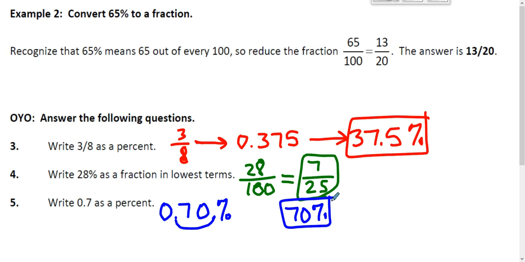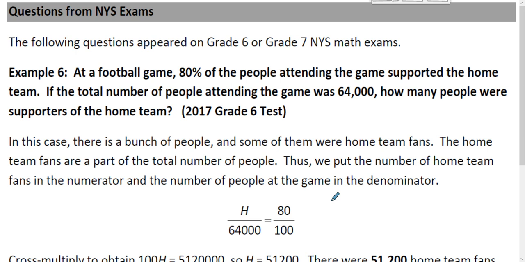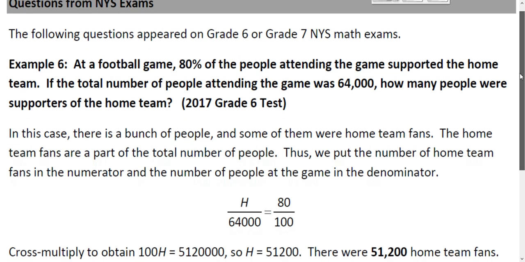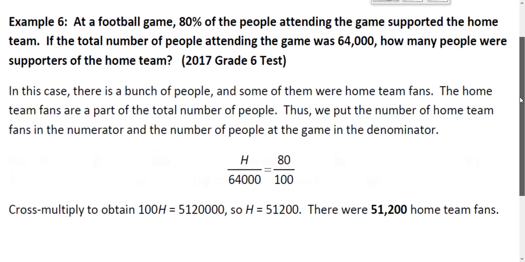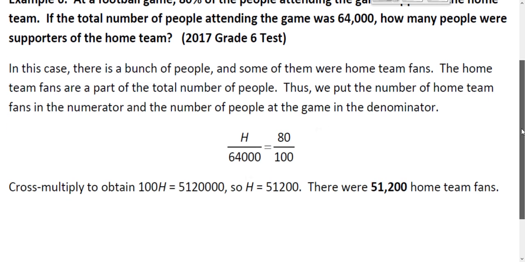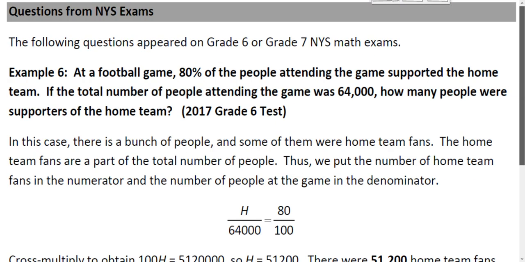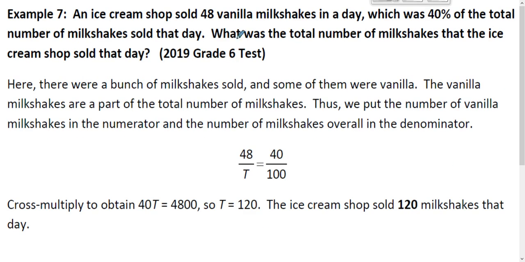So these are things that we're supposed to know how to do. Then I included questions of 3 types. There are 3 types of percent questions. There's the kind where we know the total, but we don't know the part. Then there's the kind of question where we know the part.